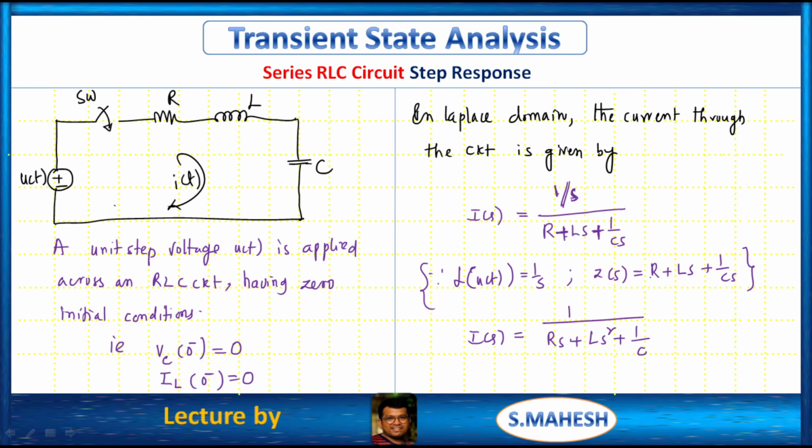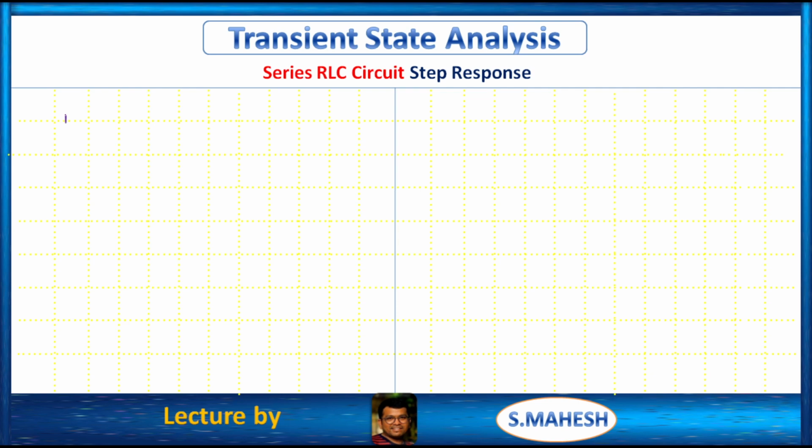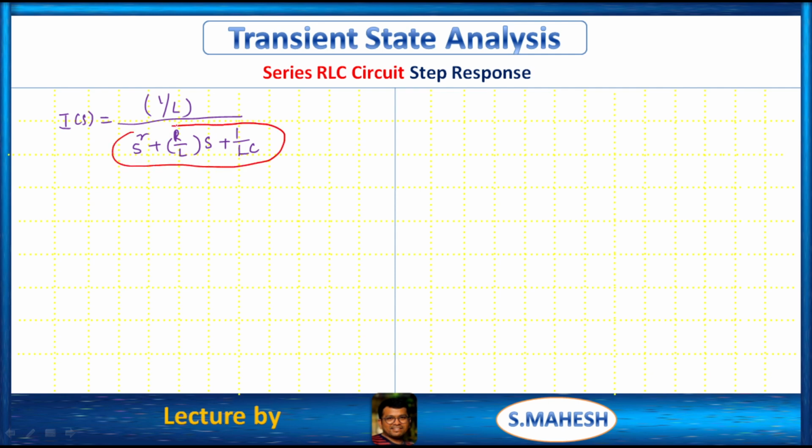Therefore from this we have, which is equal to 1 by L by s square plus R by L into s plus 1 by LC. Let us assume this as the characteristic equation, right? This is in quadratic form.